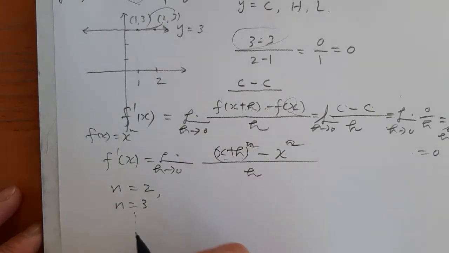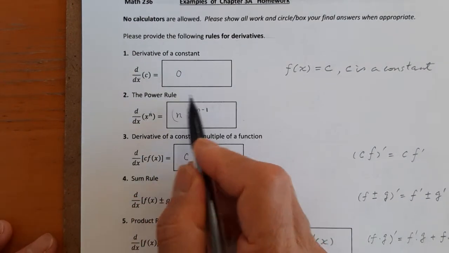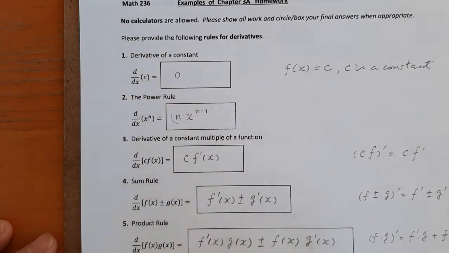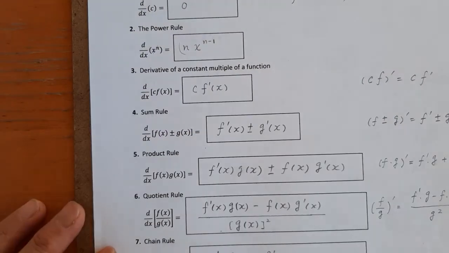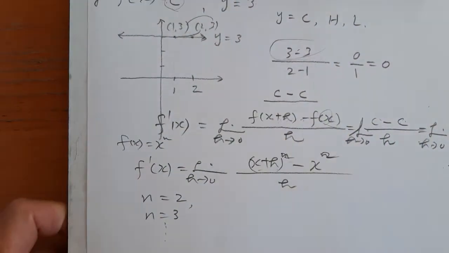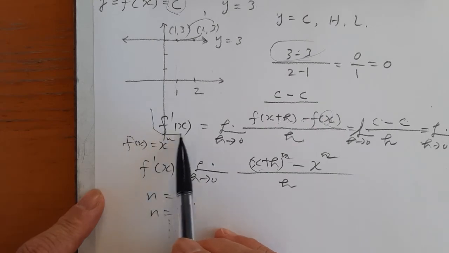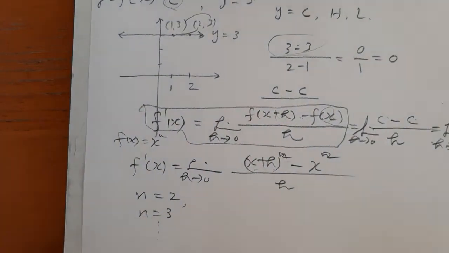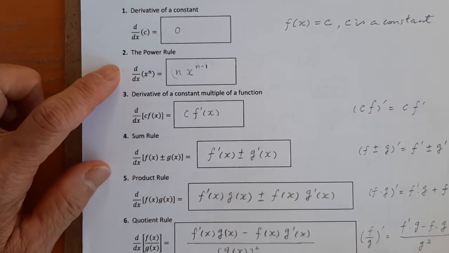And by mathematical induction, we can say for all n, the rule is n times x to the power n minus 1. So the rest of it, they all use the first derivative definition to prove all the rules. So the second one we call the power rule.